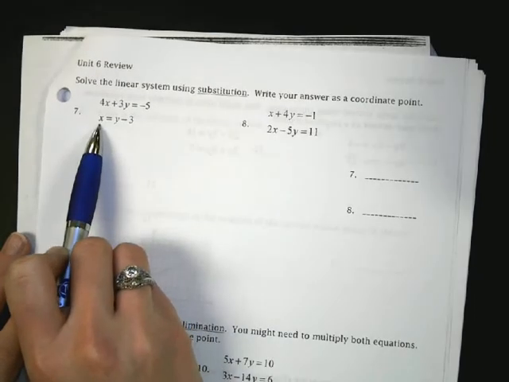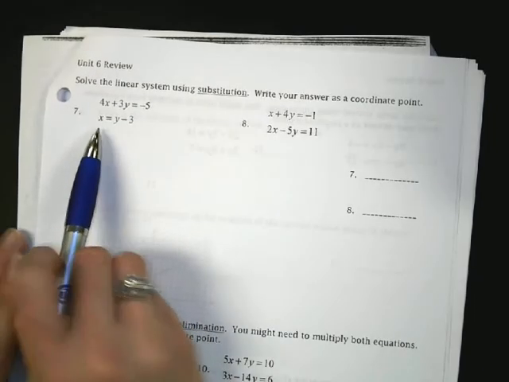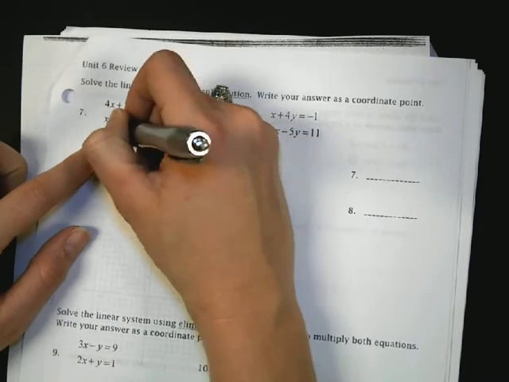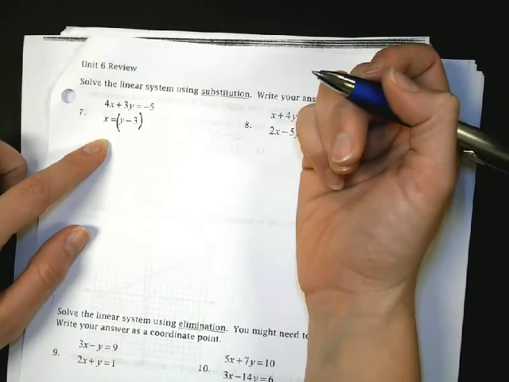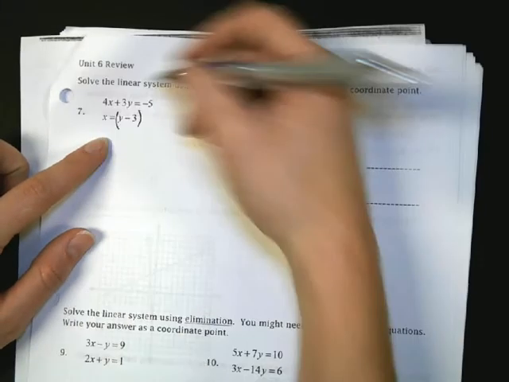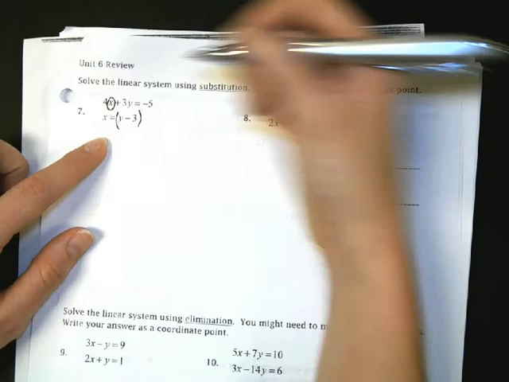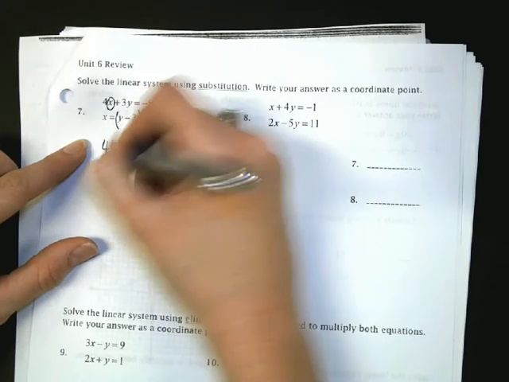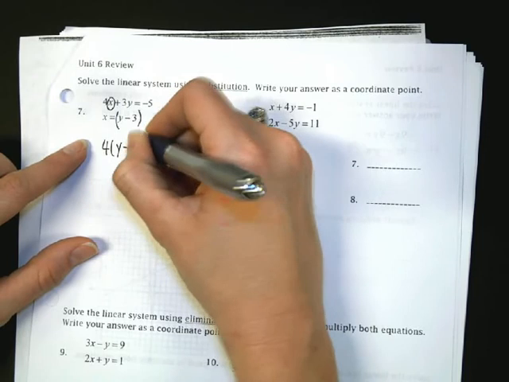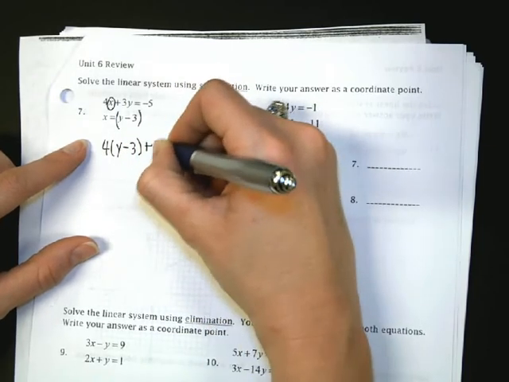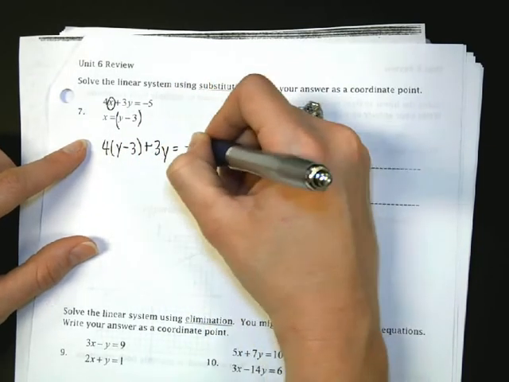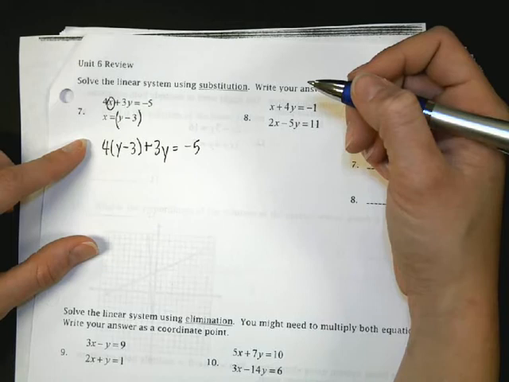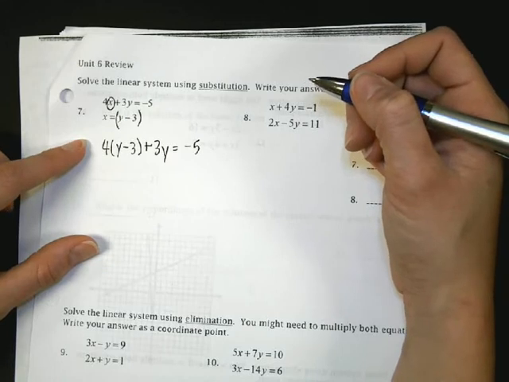Then, since x is already solved for, you take this section right here, y minus 3, and you plug it into the opposite equation where there's an x. So I'm going to rewrite my first equation, and instead of writing that x, I'm going to write what x equals. So instead of writing that x, I insert those parentheses, y minus 3.